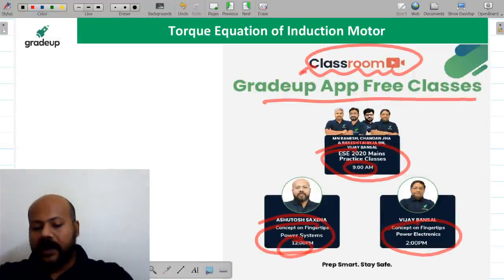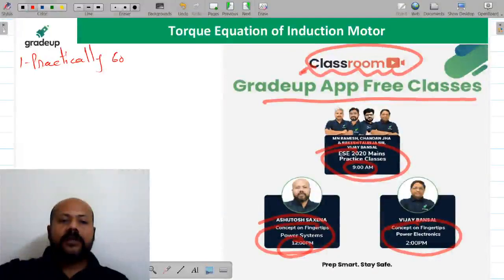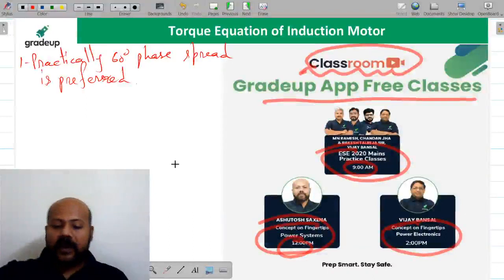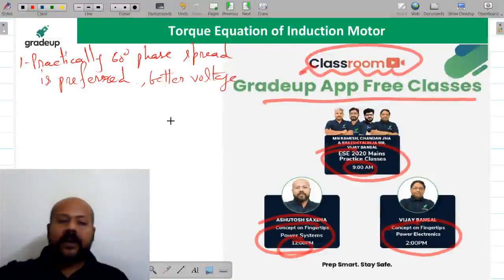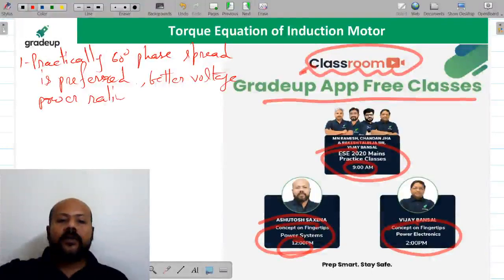So the first thing we are saying is that practically 60 degree phase spread is preferred. Why? Because it gives you better voltage. You have seen the distribution factor, power ratings. If voltage is better, power rating is going to be better.